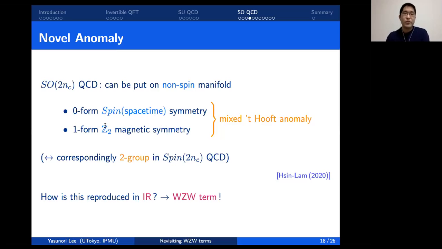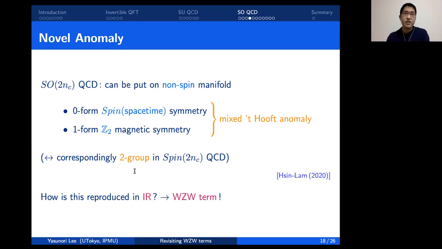By the way, although I won't discuss this in this talk, there's something called two-group symmetry in spin QCD as a counterpart of this, which again involves non-trivial mixing between zero-form and one-form symmetries. But anyway, we had this mixed 't Hooft anomaly, and as always, we expect this mixed 't Hooft anomaly to be reproduced in the IR.